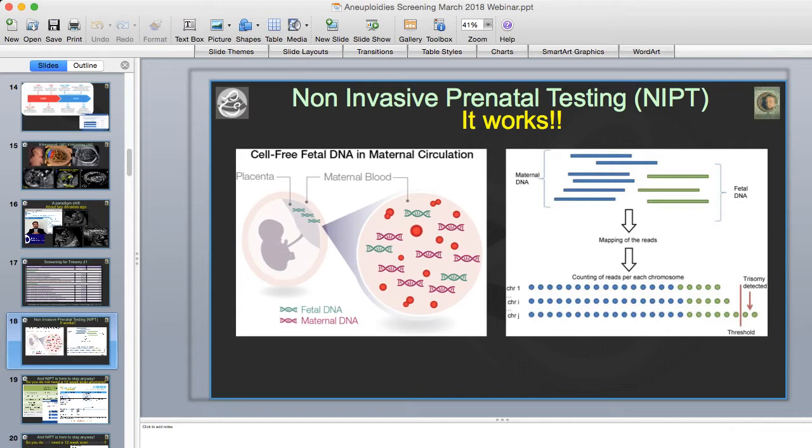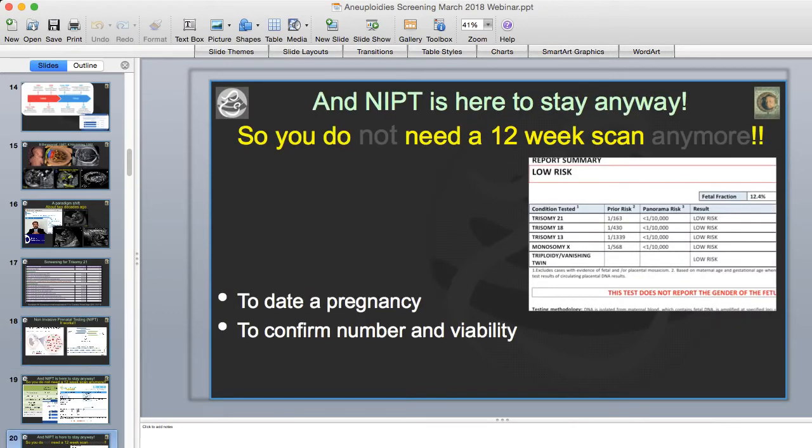What has become apparent over the years is that this is not just enough, and that when we get a good report that we can depend on, the fraction of placental DNA in the maternal circulation that comes from the fetus has to be at least more than about 4% to be able to get a reliable NIPT result.